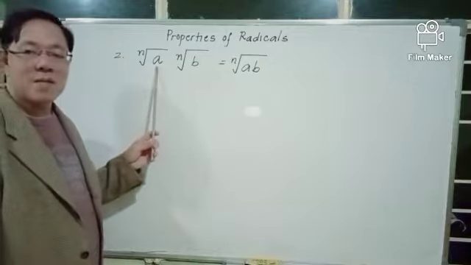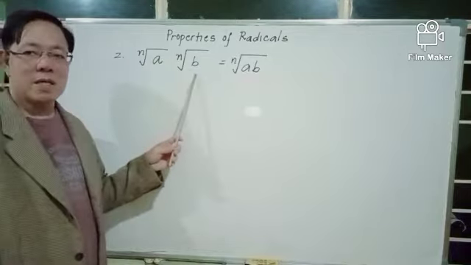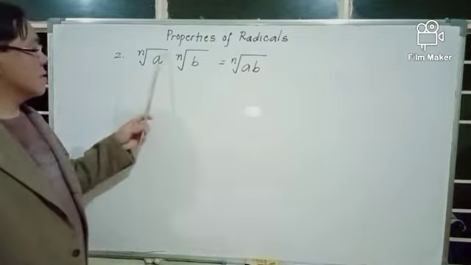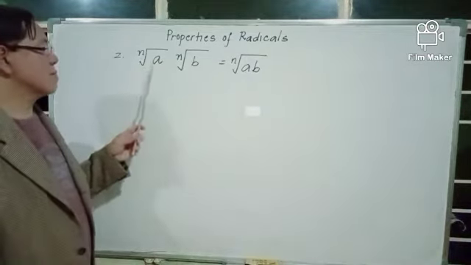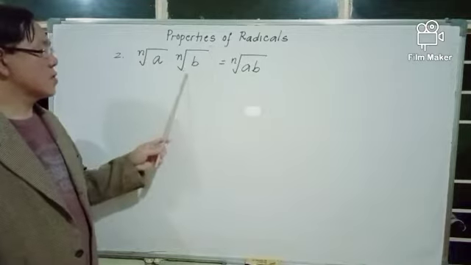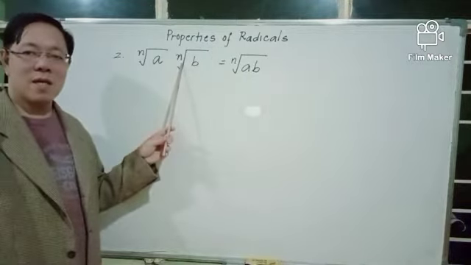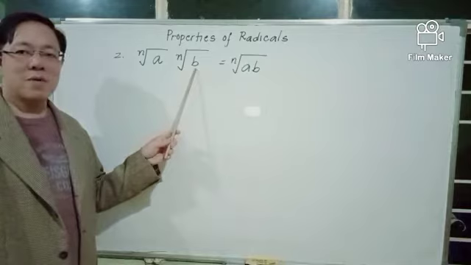And it does not matter if they have different radicands. In this expression, the radicand is a, the index is n. In this expression, the index is the same n, but the radicand is different.